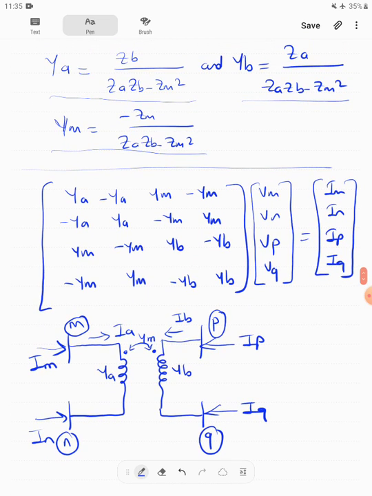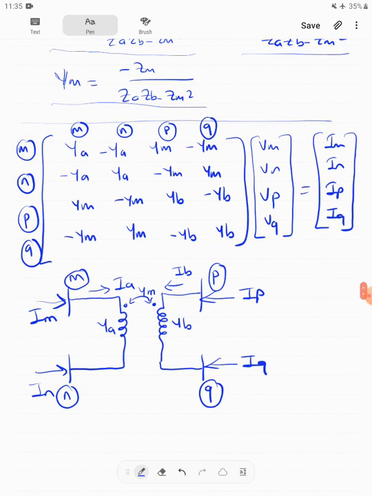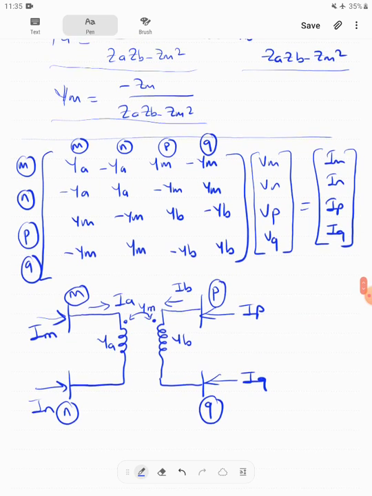Okay, let me write M N P Q and the same M N P Q. What I did here, I just wrote the names of the buses as row information and as column information.